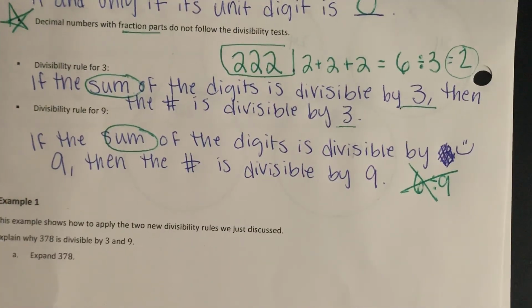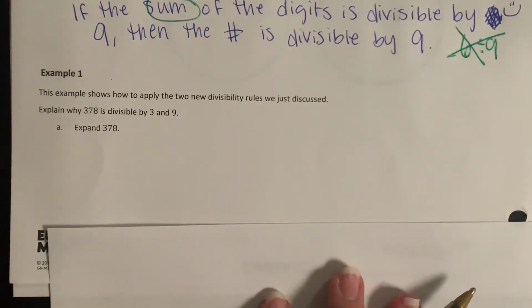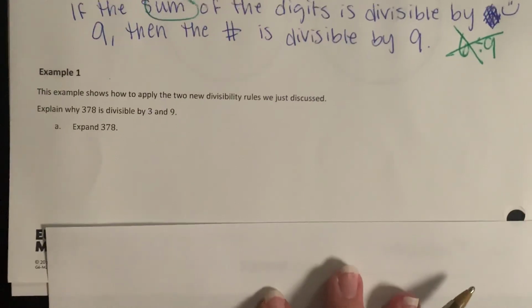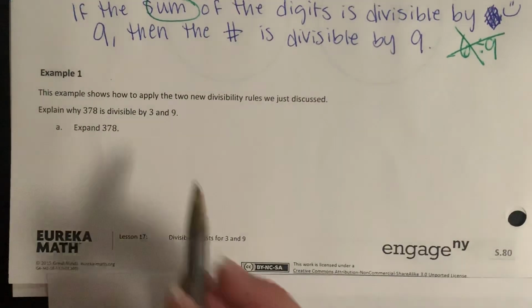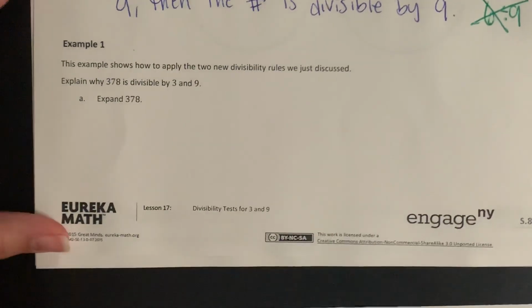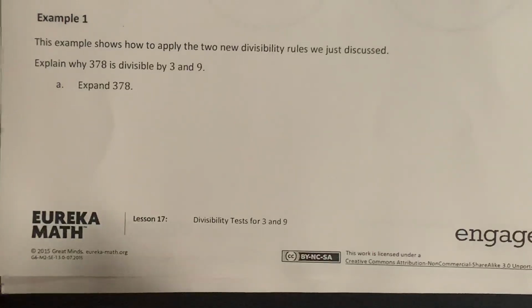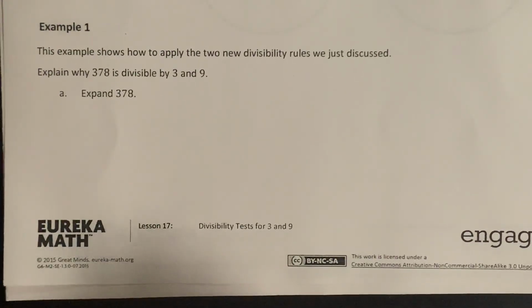Let's look at a number that's a little bit more challenging. In example 1, using the divisibility rules that we just discussed, they give us 378. That number is not as nice as 222. And they ask us to expand the number.